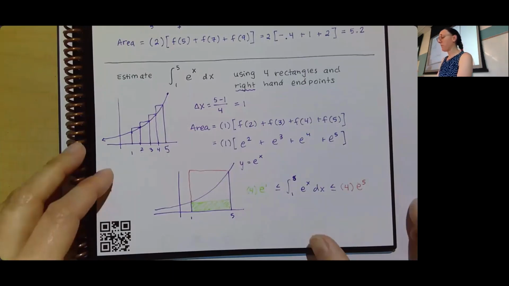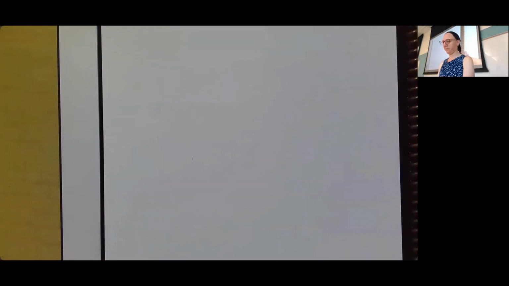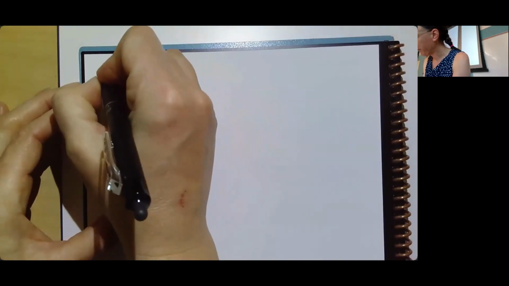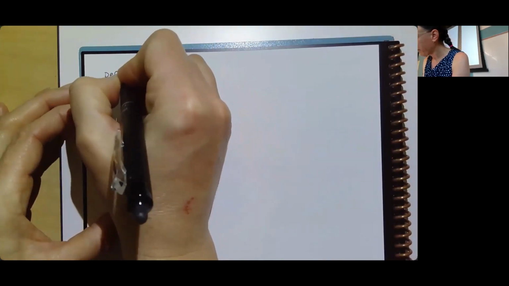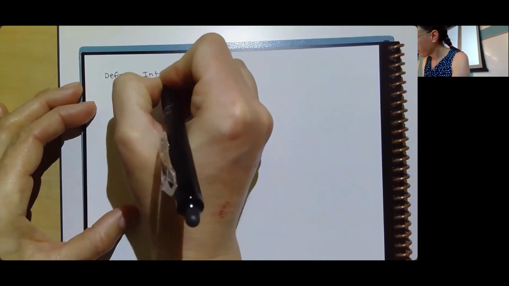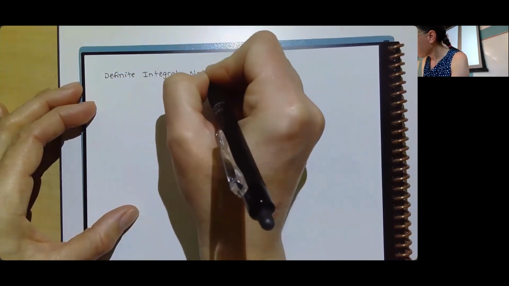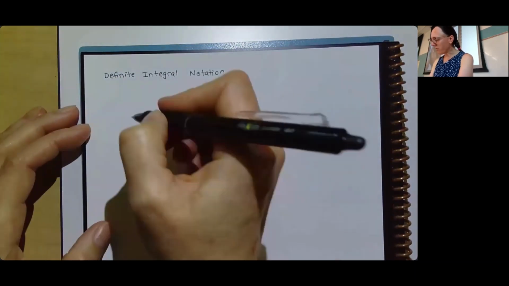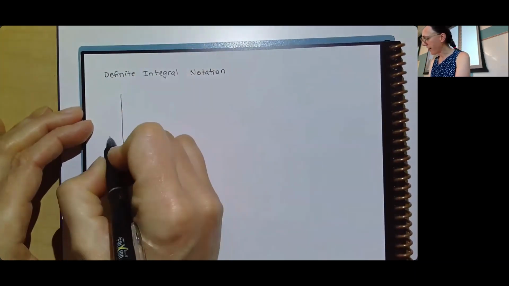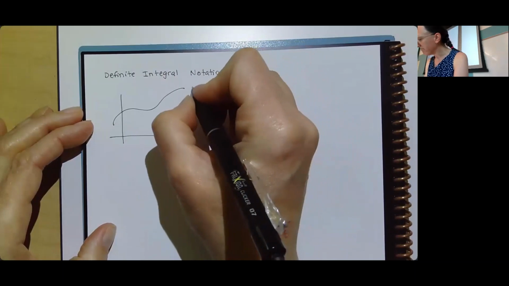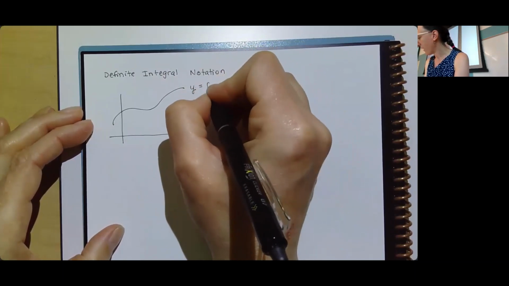Okay, so let's talk a little bit about definite integral notation, which I've been using but haven't really talked about explicitly. So if I have some generic function that I'm going to call y equals f of x.